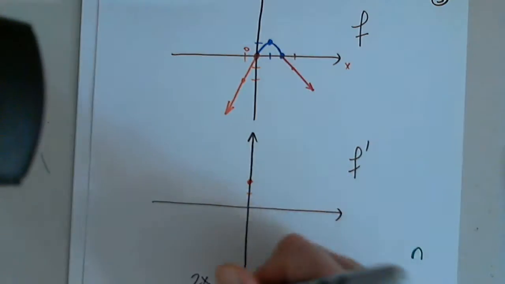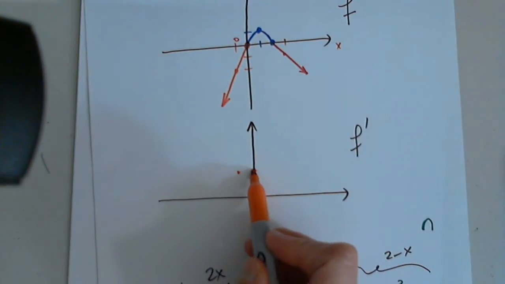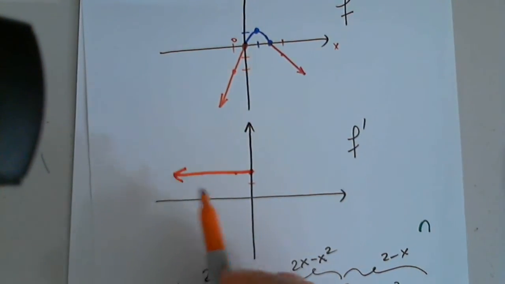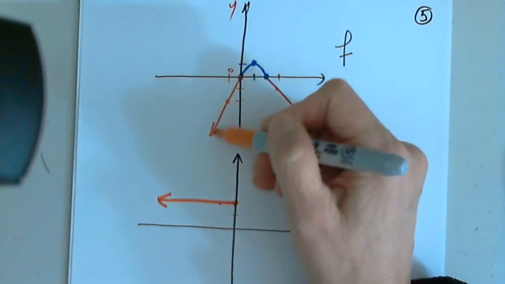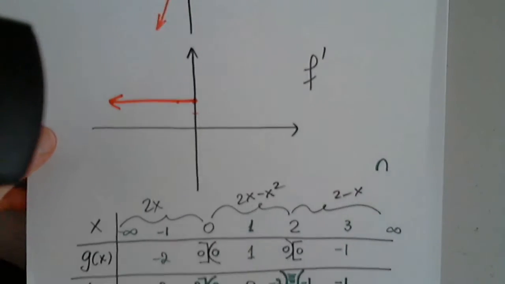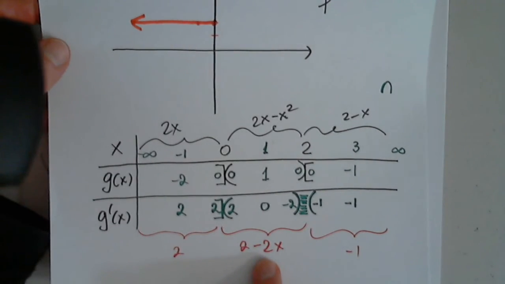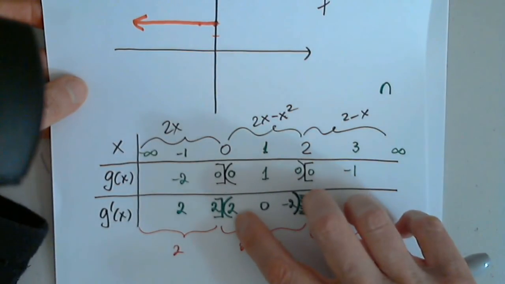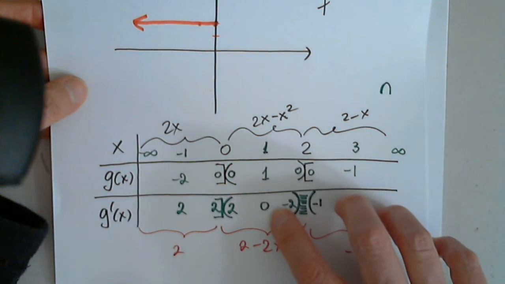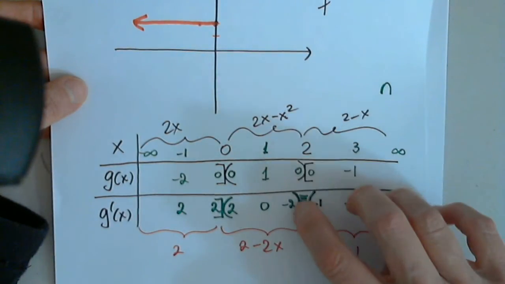When x is negative 1, y is 2. Everything will be 2. This is the derivative of the orange piece. Now the blue piece. The blue piece is a linear function with a negative slope. And I have the point 0, 2. I have the point 1, comma 0. And I have the point 2, comma negative 2.